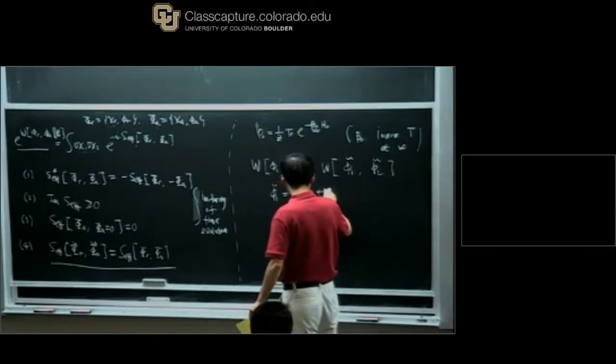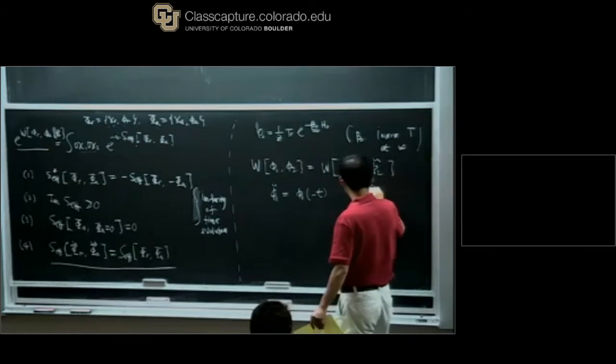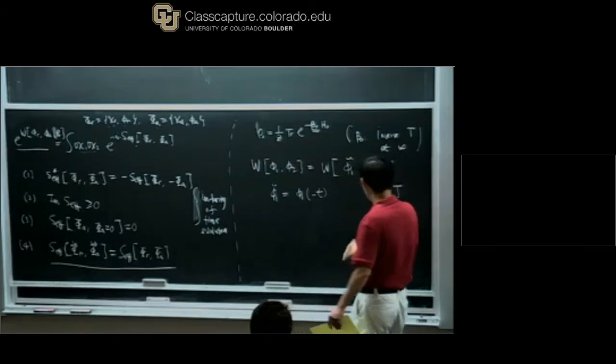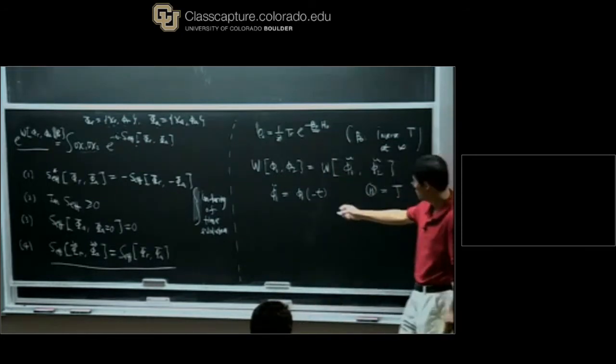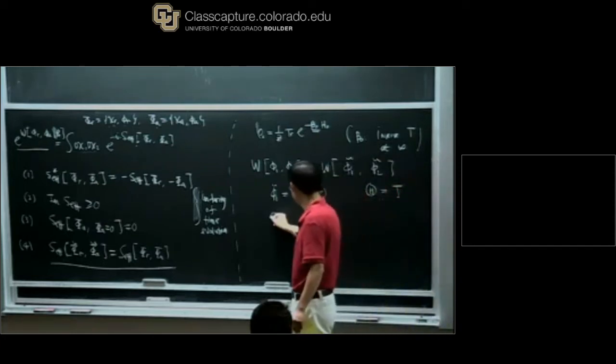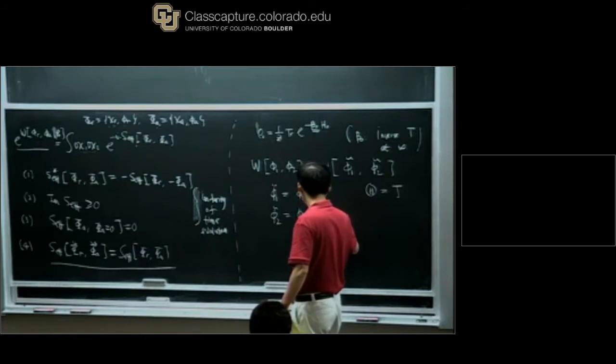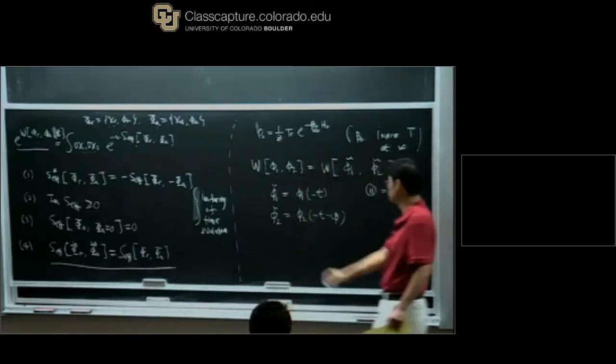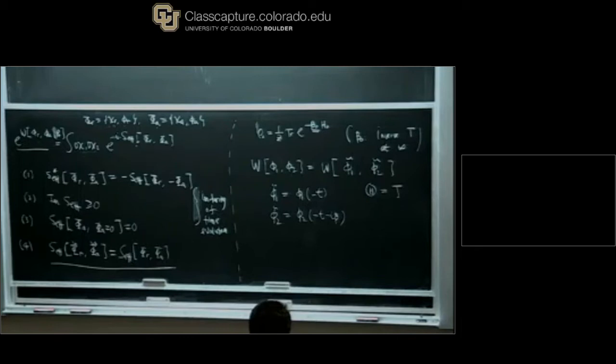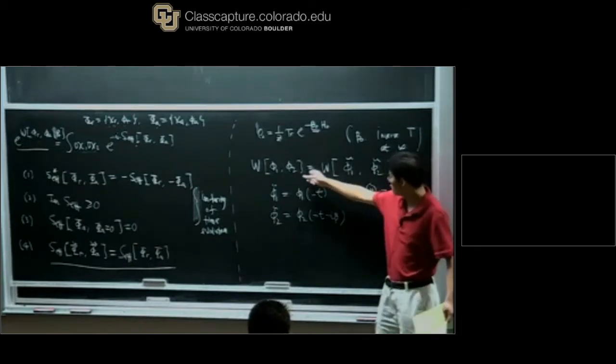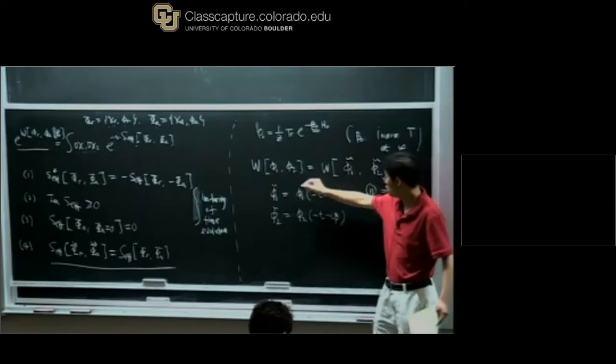Suppose this discrete transformation is just time reversal, and then phi 1 is just related to that, and phi 2 tilde will be phi 2 at minus t minus i beta. So your generating functional should satisfy this condition.